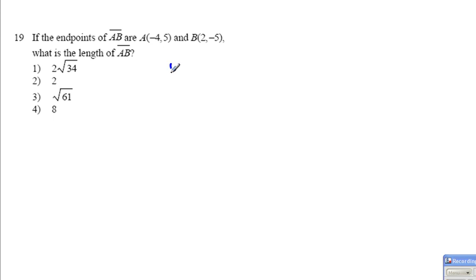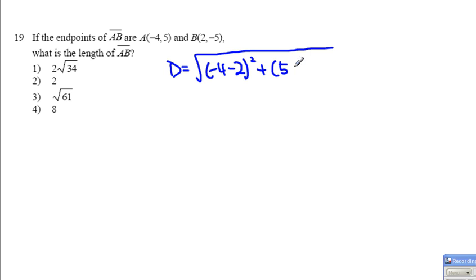For length, we have to use the distance formula. So d is equal to the square root of (negative 4 minus 2) squared plus, almost like the Pythagorean theorem right here, (5 minus negative 5) squared.